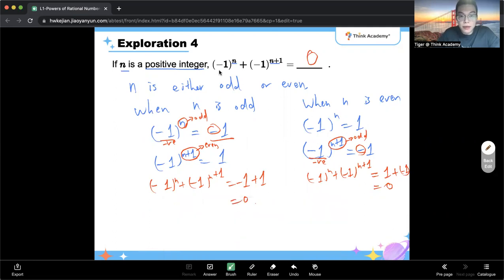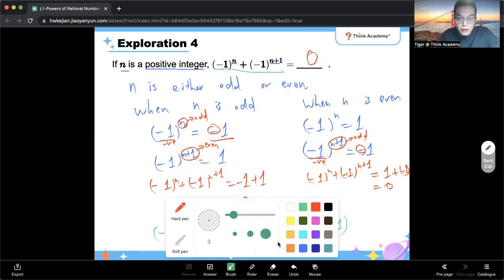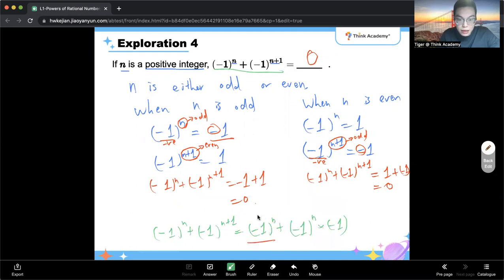And the other way we can think about this, if you're good enough in fast calculation or in the understanding of powers, is that (-1) to the power n adding (-1) to the power of n adding 1 is equal to (-1) to the power n adding (-1) to the power n times -1. And we know that this (-1) to the power n is actually equal to (-1) to the power n times 1, right?